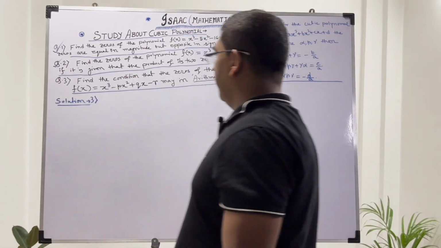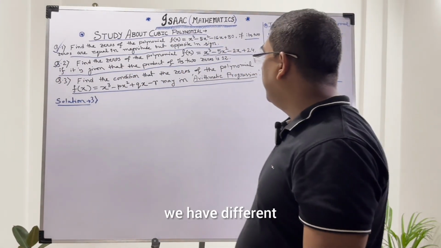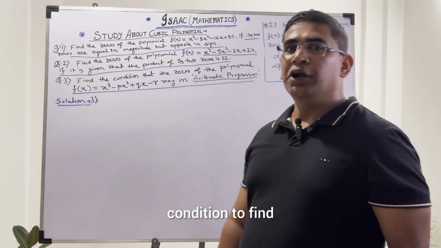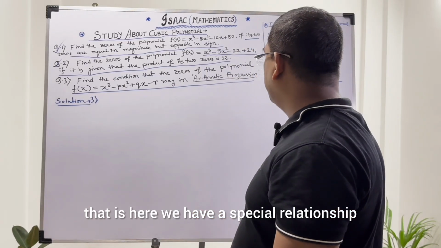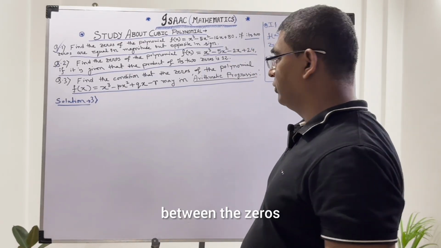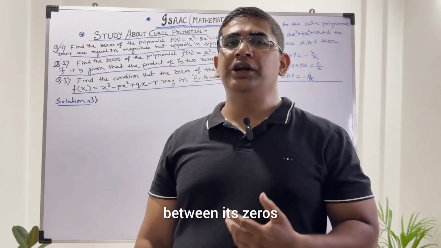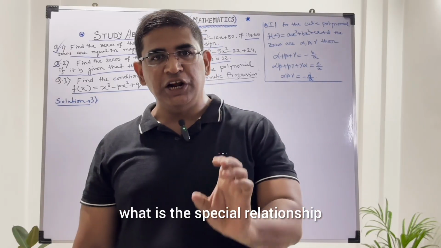So in problem 3 we have a different condition to find. Here we have a special relationship between the zeros. That means we have to show a special relationship between its zeros. So what is the special relationship?